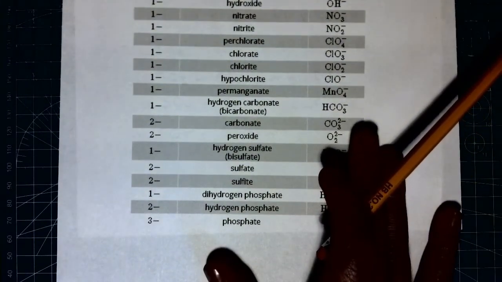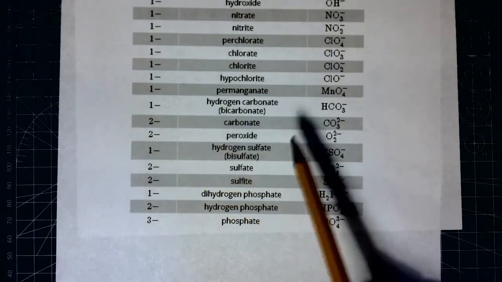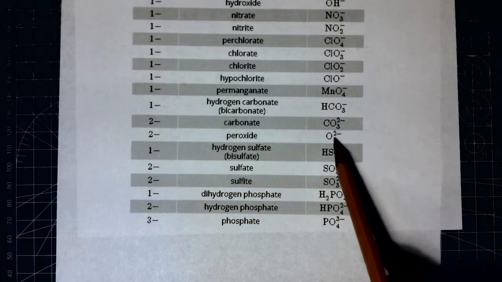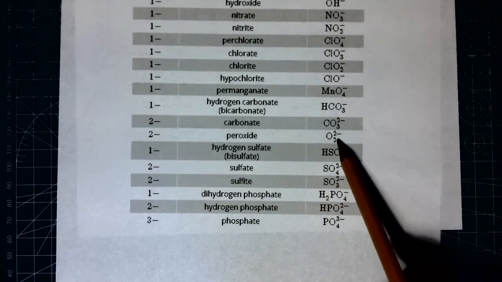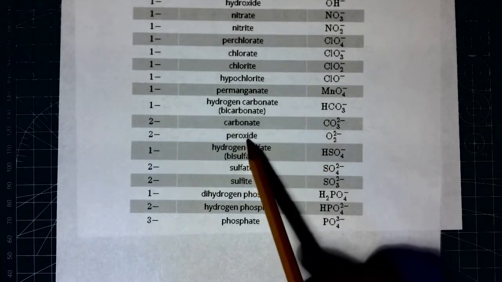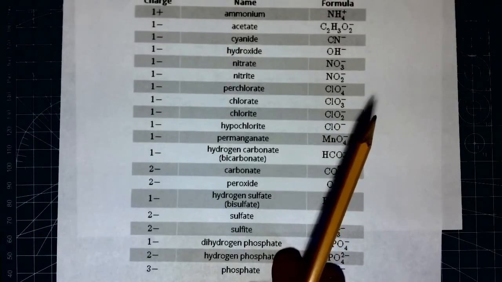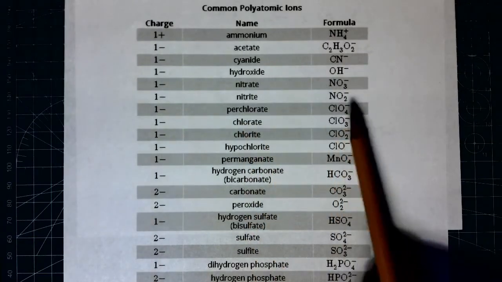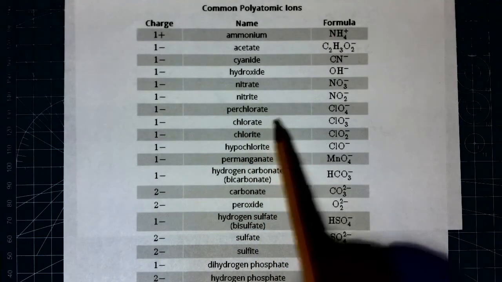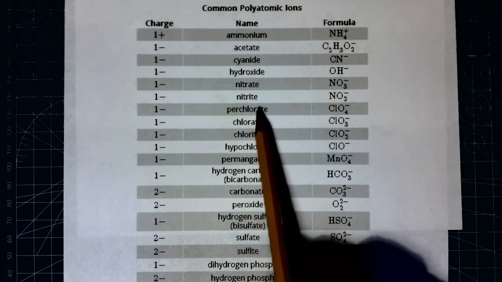As we come down here, I saw another one. Oxygen is oxide, but O2 here is peroxide. I thought there was another example of the per in here. Here we go. So we have chlorate, ClO3, and ClO4 is perchlorate.